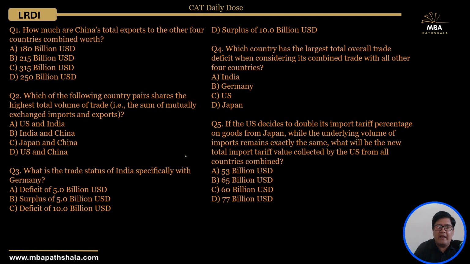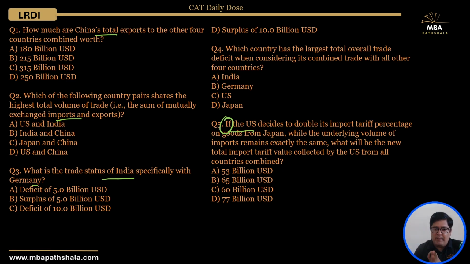What kind of questions do we have? China's total export, total import and export between two countries, trade surplus or trade deficit between India and Germany, largest overall deficit between countries, if US did something. These questions take time because you are introducing new data there.